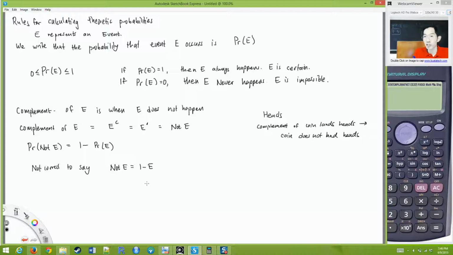But the probability, which is a number between 0 and 1 expressing the probability of that event, is a number, and so we write the probability of not E is equal to 1 minus the probability of E. Is that okay?